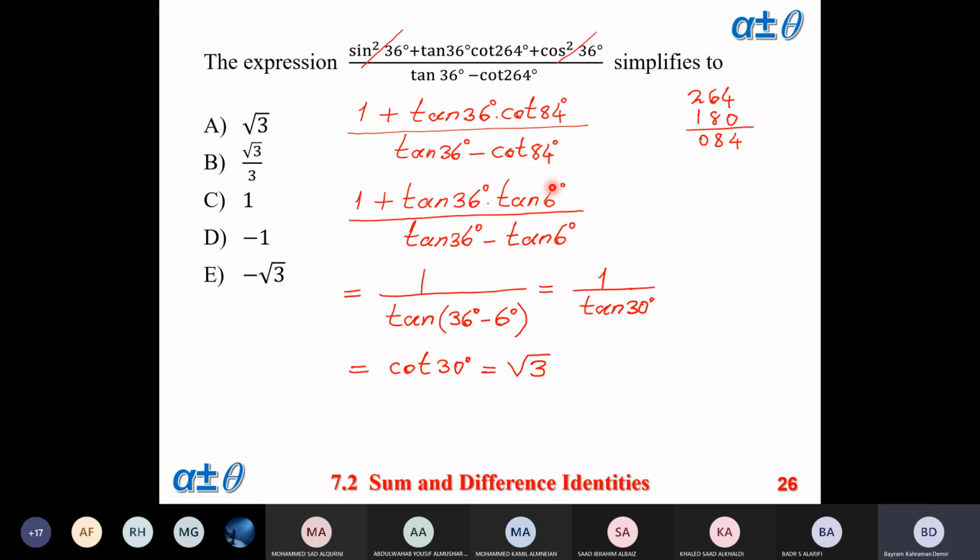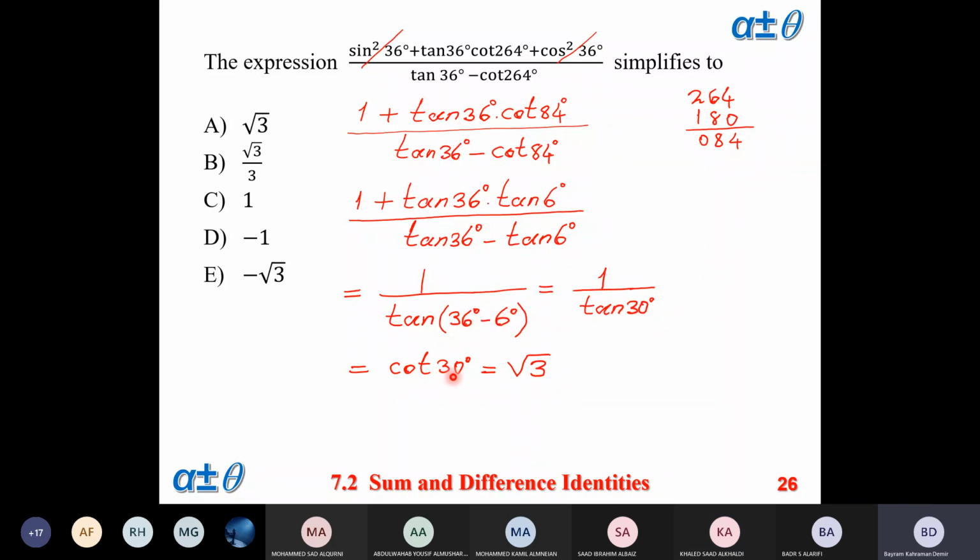And so then it becomes, again, a tangent formula. But if you notice, it is an upside down tangent formula, right? It's a tangent of 36 minus 6, but it is upside down. So it is 1 over tangent of 30 actually. Cotangent. 36 minus 6 is tangent of 30.